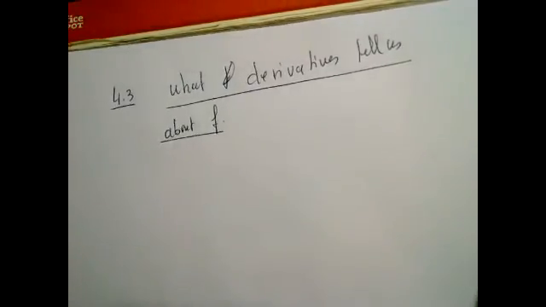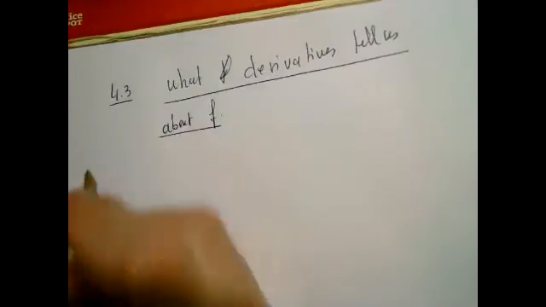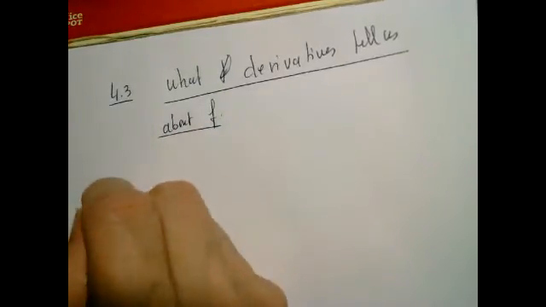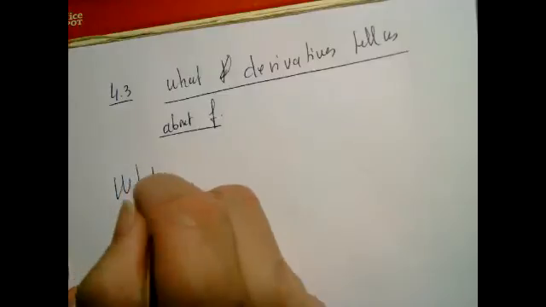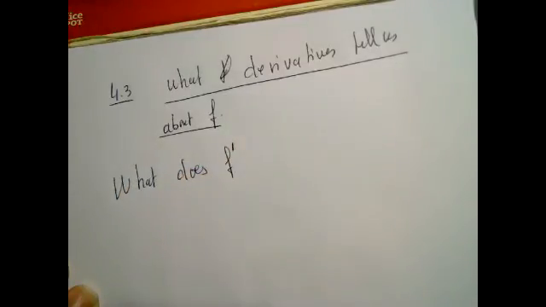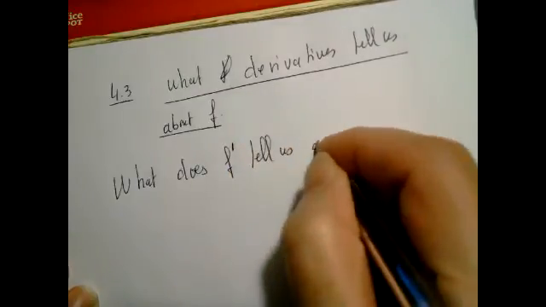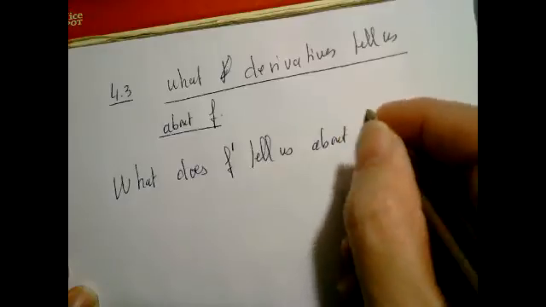And now we're going to start learning what it tells us. So today we study what f prime tells us about the function, and tomorrow, hopefully, what the second derivative tells us. So the question is, what does f prime, the derivative, tell us about f?